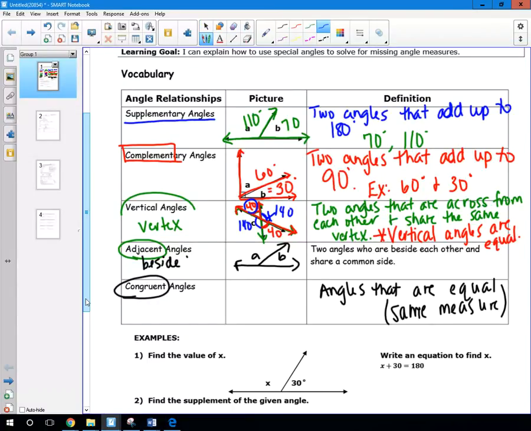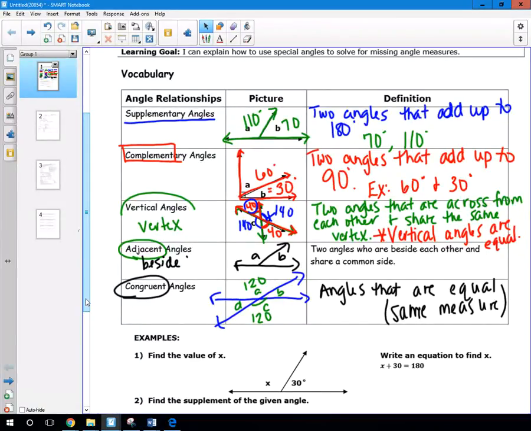So if I had a straight line, another straight line, and I knew that we have angle A, B, C, and D, if I knew that angle A was 120, what other angle do I know is congruent to angle A? That's right, angle C. So I know that angle C is also 120.